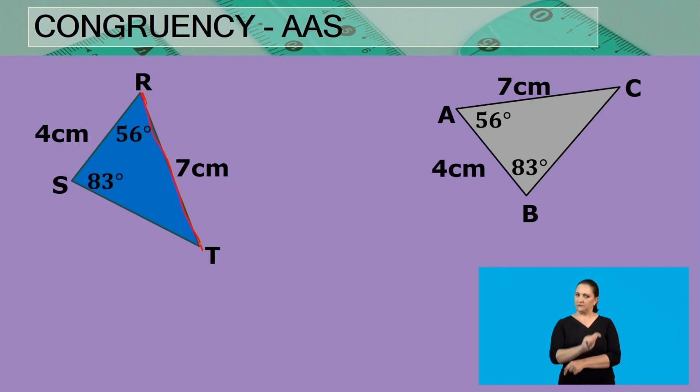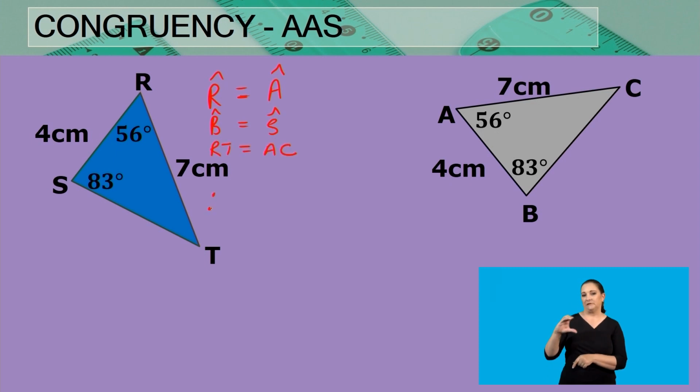Now, as we are looking at these given sides, we can see that they are indeed corresponding. RT is opposite angle 83. So it is corresponding with AC, which is also opposite angle 83. So they are definitely corresponding there. And as we can see there, angle R is equal to angle A, and angle B is equal to angle S, and we have those corresponding sides that we spoke about, which is RT, which is equal to AC.